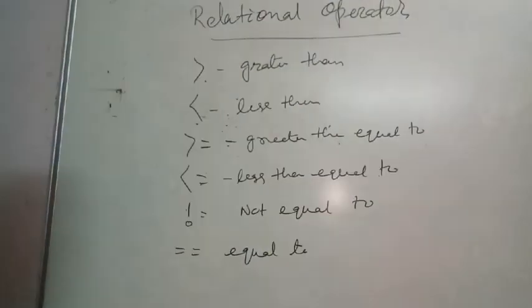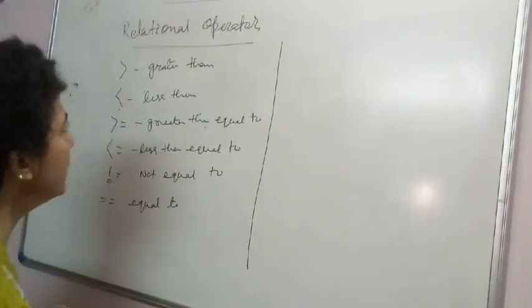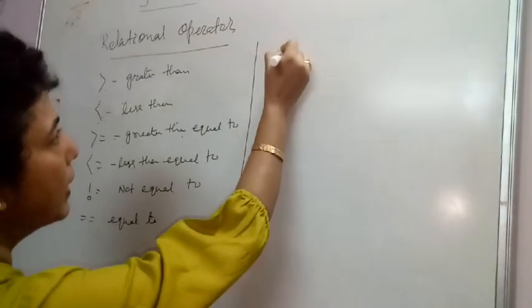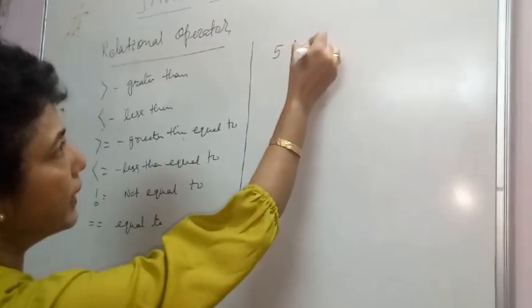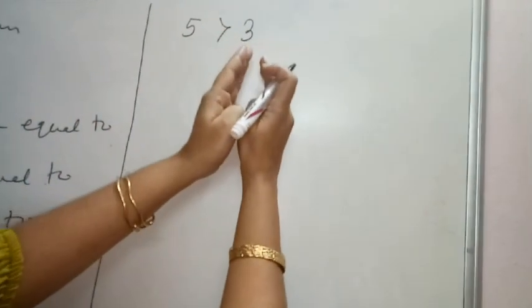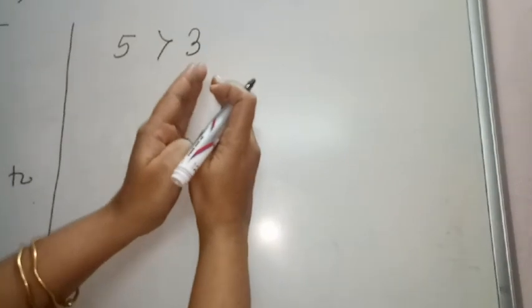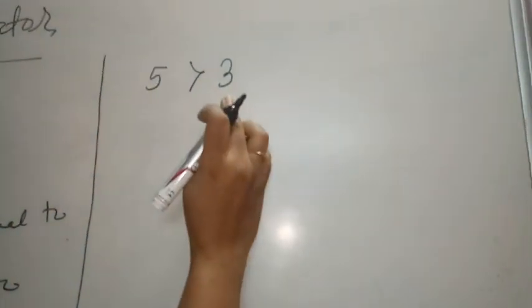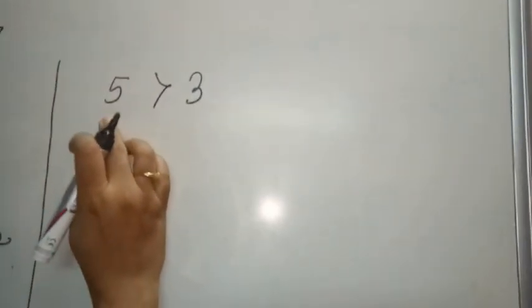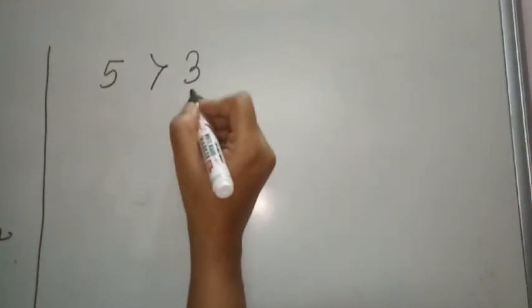Now let us check an example. Suppose I write 5 greater than 3. Always the left hand side operand will be compared with the right hand side operand or variable. So 5 will be compared with 3, not 3 with 5. Is 5 greater than 3?